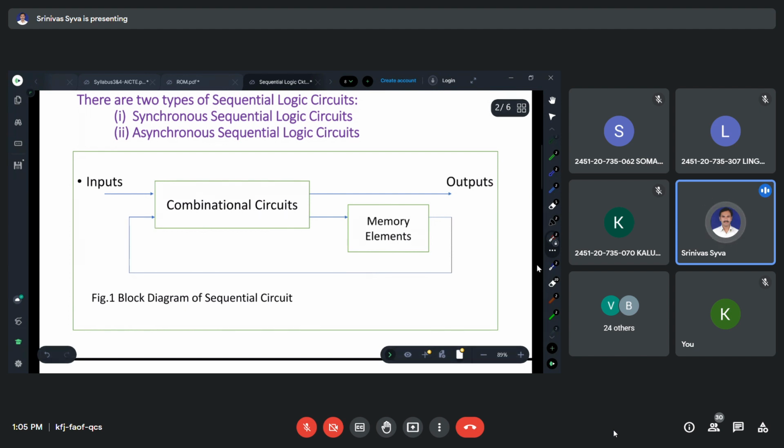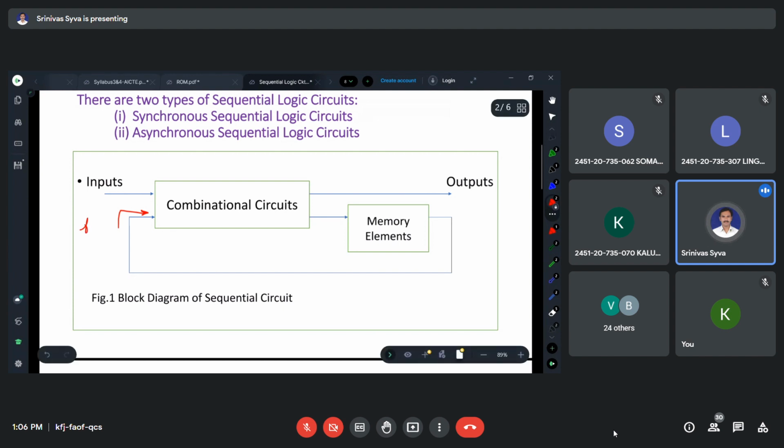So you see here, this output is depending on this input, and here you also have another input, which is the signal from the memory element.